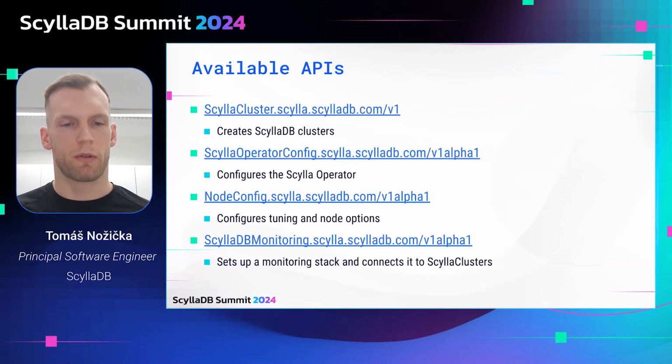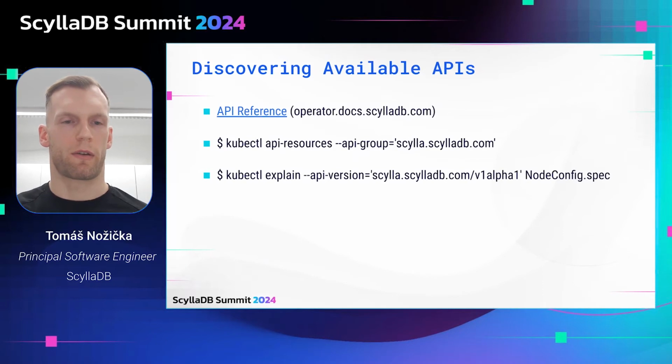There is also a node config that configures tuning of the nodes and of the Scylla pods as well, and some other node options, and helps you set up a local storage like RAID, mount, file system, and other stuff. And there is also a ScyllaDB monitoring resource which sets up the monitoring stack and connects it to the Scylla clusters.